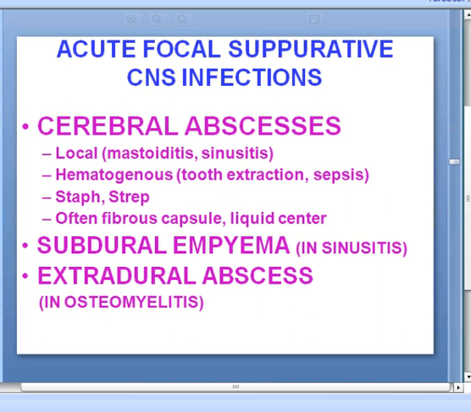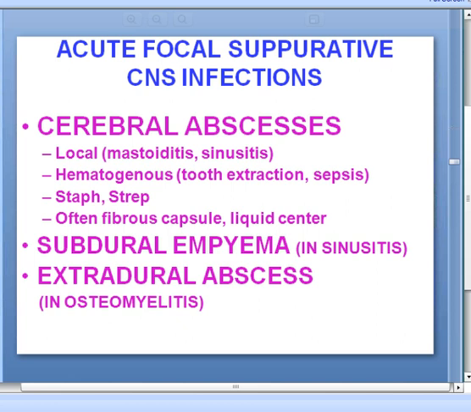You could have a hematogenous cerebral abscess secondary to, let's say, a tooth extraction or other septicemia. Staph and strep are the most common organisms for a cerebral abscess. And as you might guess, like in all the abscesses we saw, you're going to have a big bag of pus, and it's more likely to be liquefied towards the center and maybe even have kind of a more thickened capsule towards the outside.